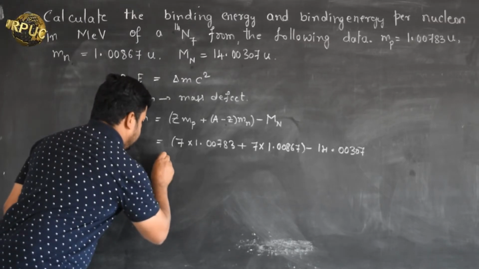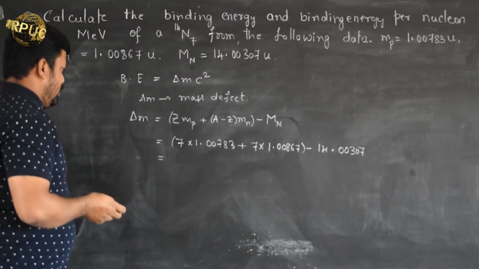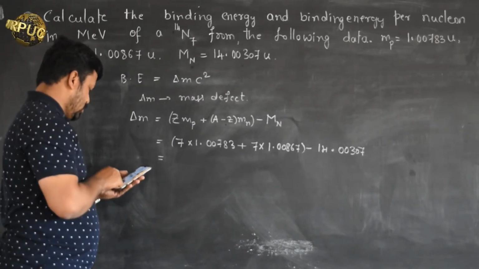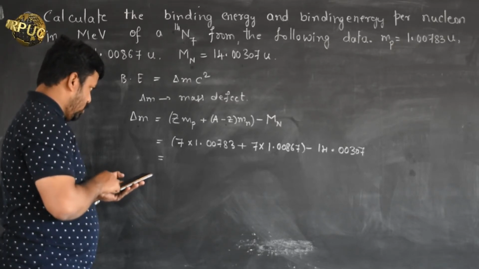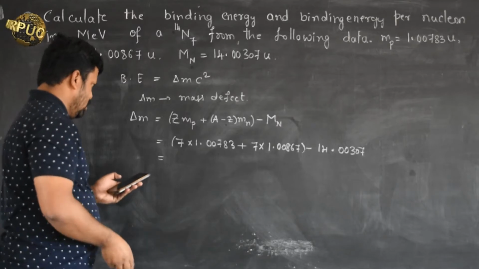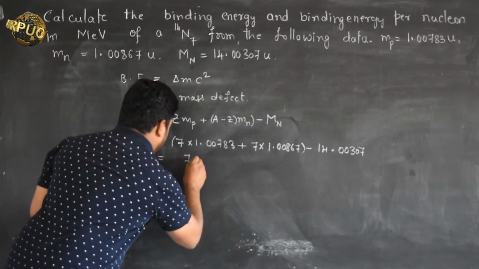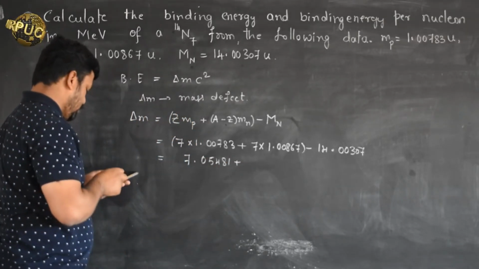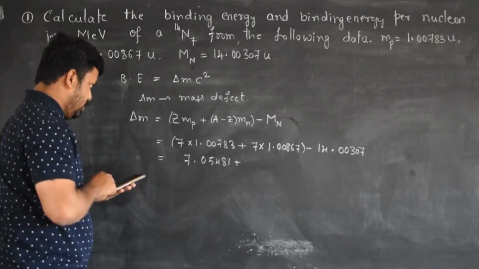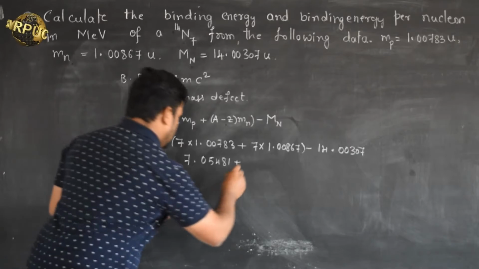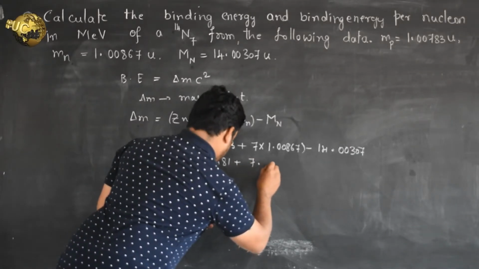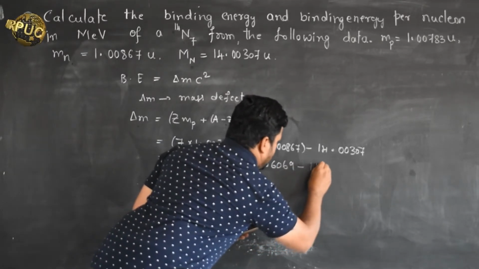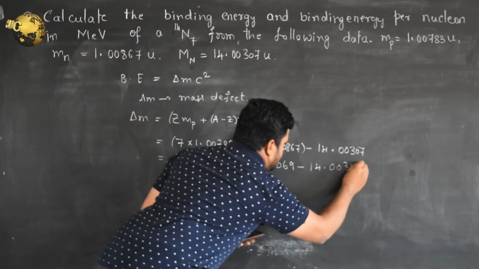So let's calculate this. 7 multiplied by 1.00783 is 7.05481, plus 7 into 1.00867, which is 7.06069, minus 14.00307.